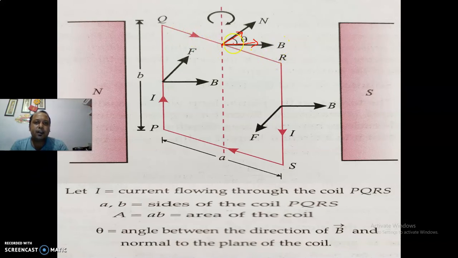The perpendicular to the surface can be considered as the area vector of the rectangular coil, because we know area vector is always perpendicular to the surface. So this angle is theta between the magnetic field and the perpendicular to the surface of the rectangular coil. So I hope this is clear to you.